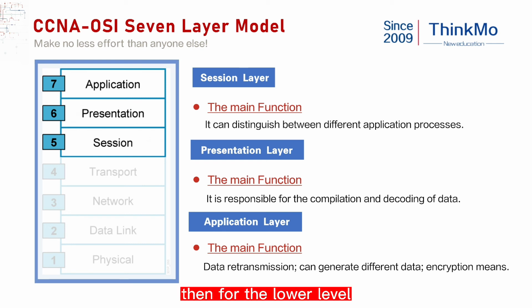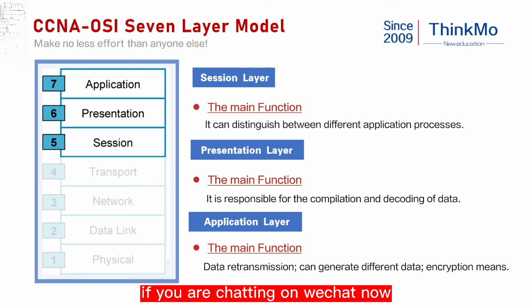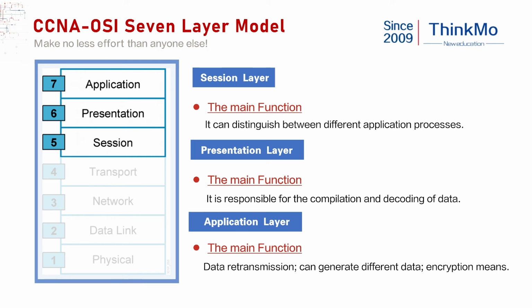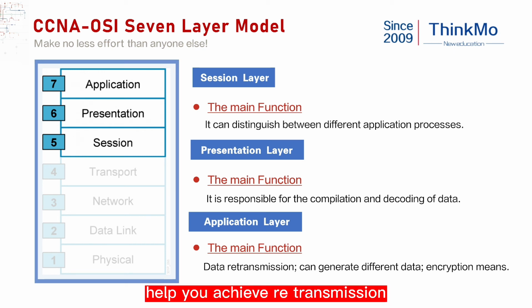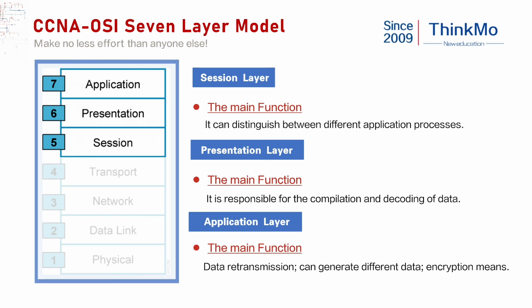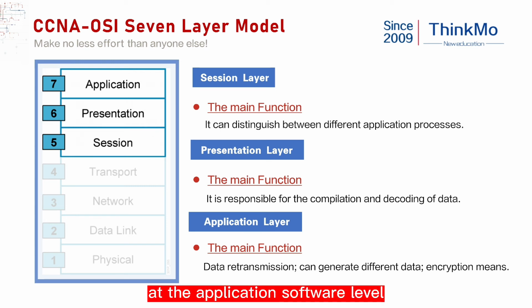For the lower layer, if you are chatting on WeChat now and the protocol we choose is UDP, automatic retransmission is not possible. So the application layer develops some tools, some means of access, to help you achieve retransmission by relying on manual resending. This is called an error correction process at the application software level.